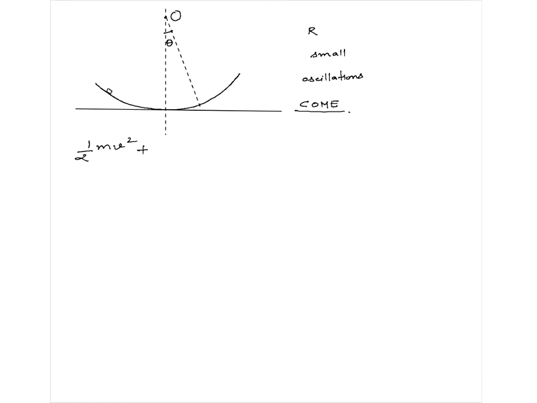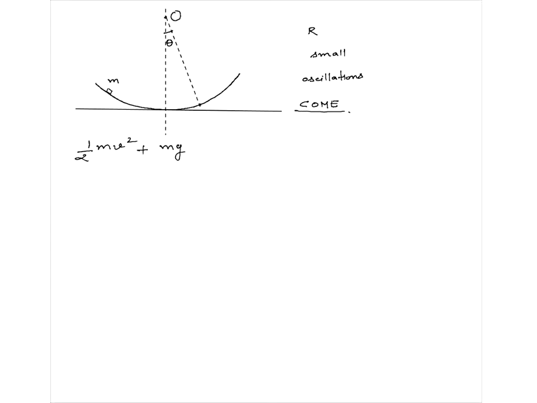Then potential energy. Can you tell me, if this is the baseline, if this is theta, then what would be the gravitational potential energy at this point? M is the mass. Basically, you have to tell h.